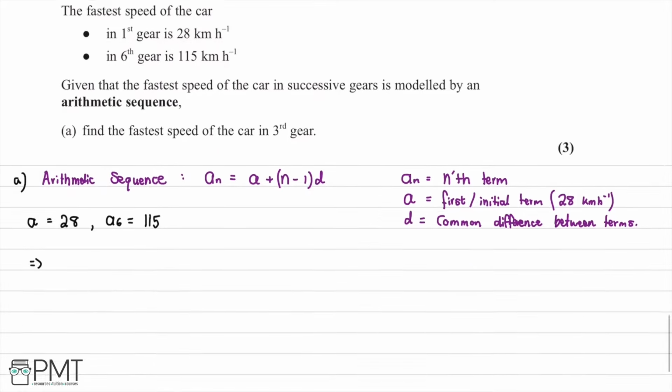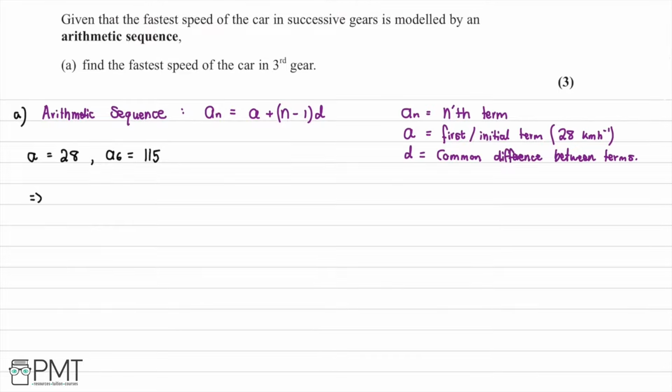So therefore, we can say that a6, which is equal to 115, is going to be equal to a, which is 28, plus (n minus 1). So n is 6, so that's going to be 6 minus 1, which is 5, but I'll just leave it as 6 minus 1 just now, multiplied by d. So what we can do now is rearrange this equation and solve for d.